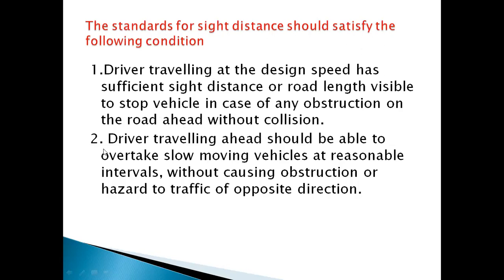The second standard condition is that a driver traveling ahead should be able to overtake a slow moving vehicle at reasonable intervals without causing obstruction or hazard to traffic of the opposite direction. That is, when the driver is going to overtake a slow moving vehicle, he can easily do so because he can see the road ahead or the opposite direction of the road.